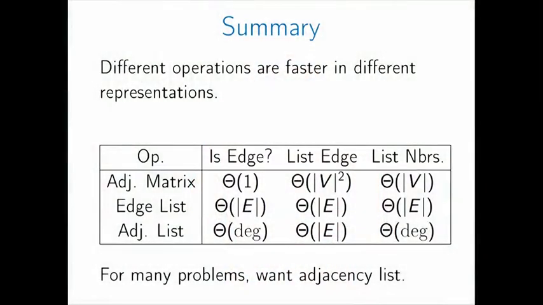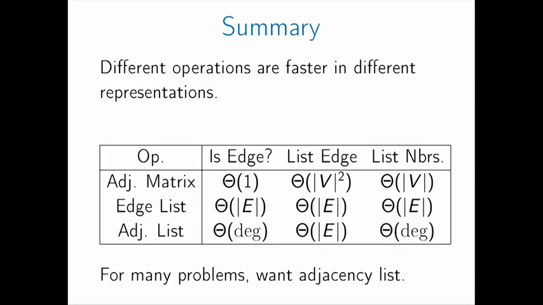The adjacency list is about as good, though, because for each vertex, you find all of its neighbors. Those are a bunch of edges. And you just do this for every vertex. And this actually counts each edge twice, because if there's an edge between A and B, you count both that A is a neighbor of B and that B is a neighbor of A. But it only counts them twice, so the time is still proportional to the number of edges.